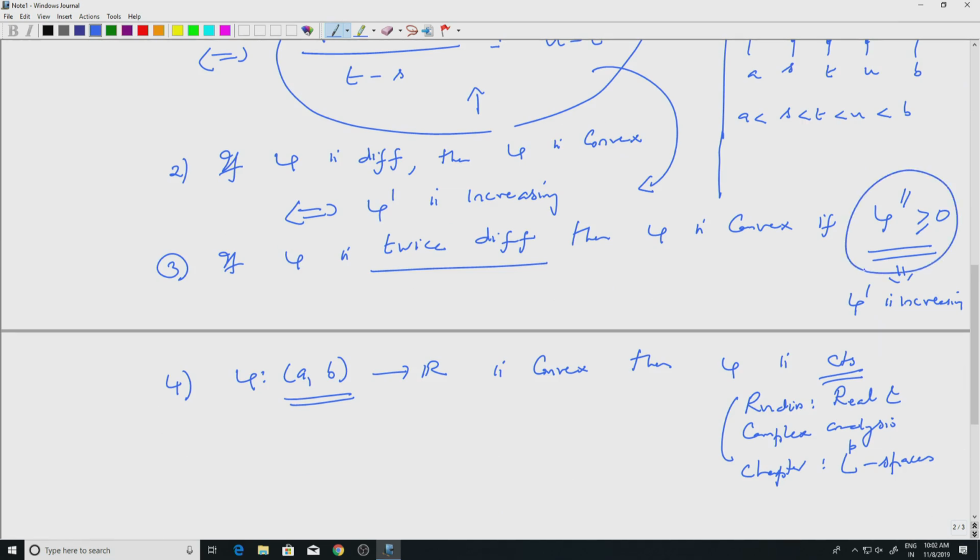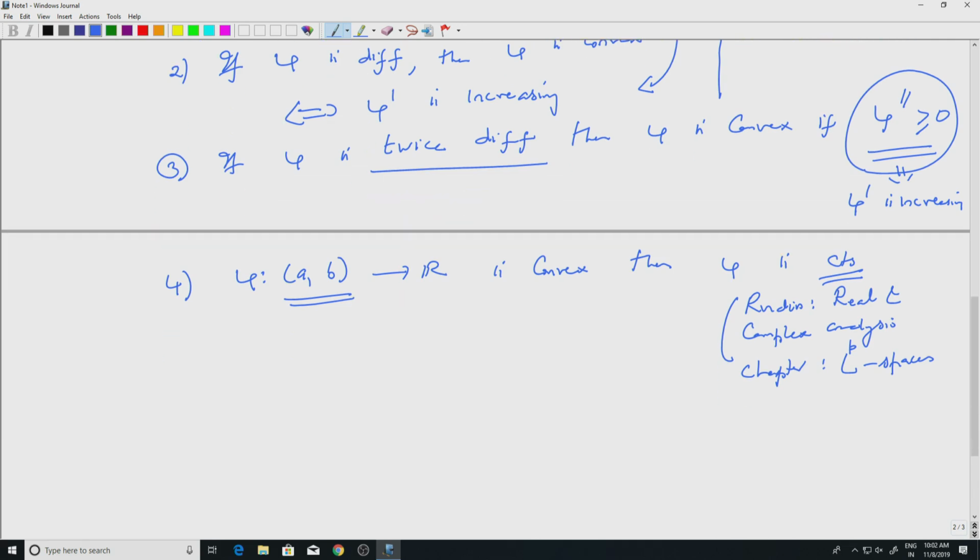We simply look at convex functions whenever it is necessary and use this test. If I take some function in a domain, if I can differentiate, I simply look at that. So for example, you can look at the function f of x equal to 1 by x and see if it is convex or not. Or f of x equal to e to the x, for example, that is easy.